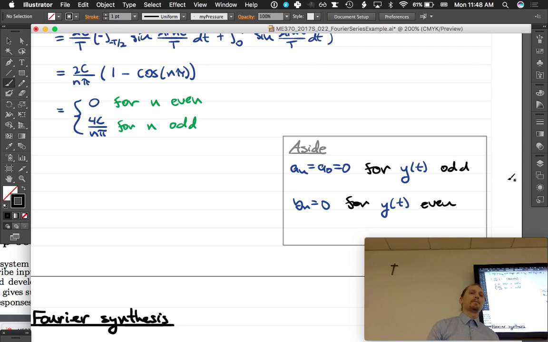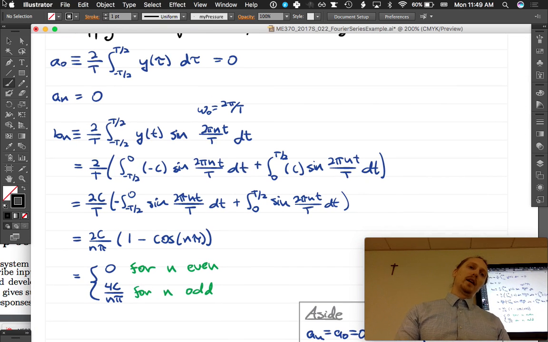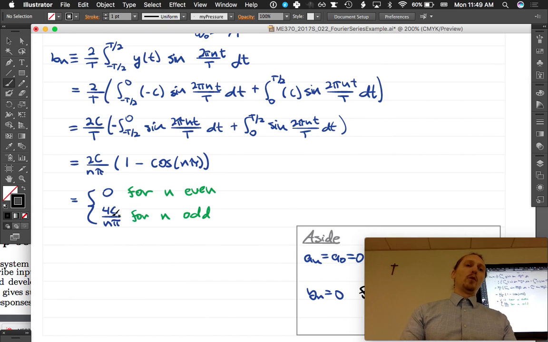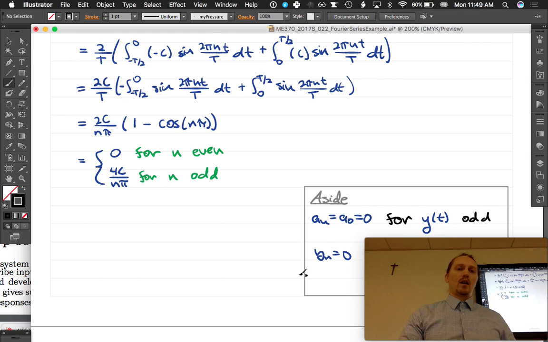Okay. So we've computed all of these coefficients, the a_n's and the b_n's. The a_n's are all 0, a0 is 0. The b_n's are 4c over n pi for n odd and 0 for n even. Do we care about that? Yeah.